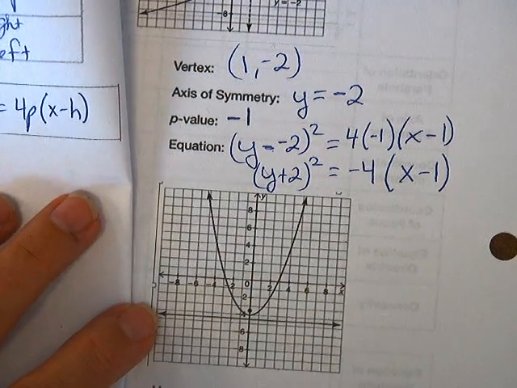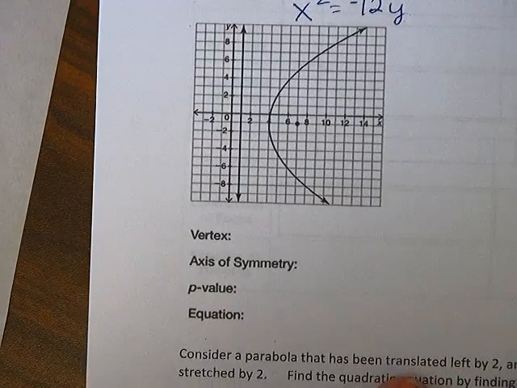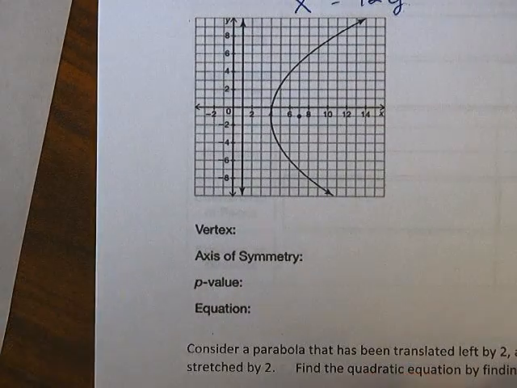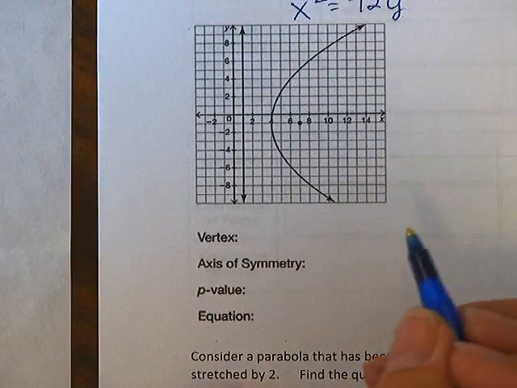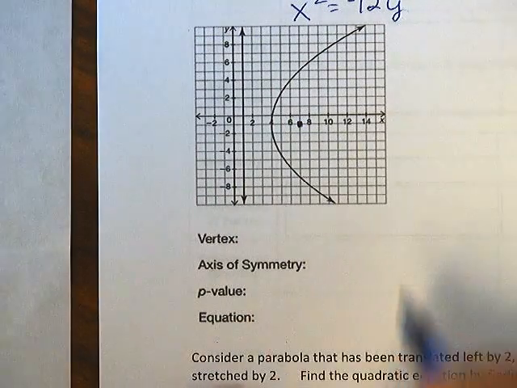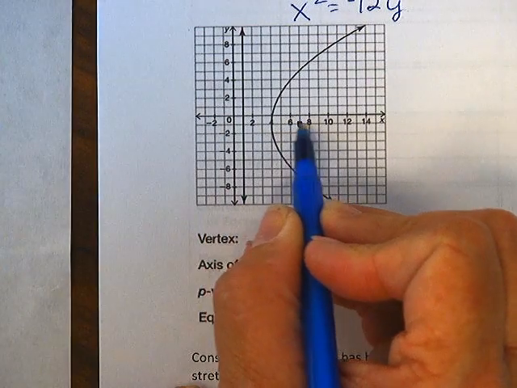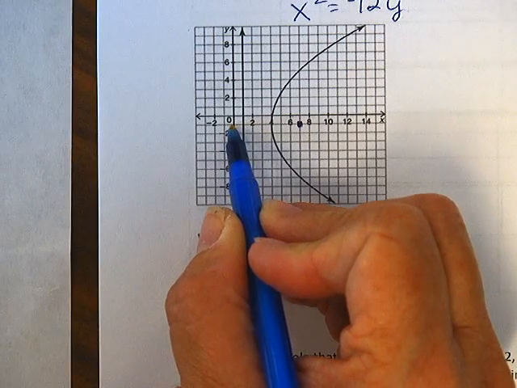Okay, let's go to the lower right parabola. Another horizontal, so we should be getting good at this. Let's see our vertex. Is it marked? Not marked very clearly for us, but our focus is marked right there. So if that's the focus, the vertex is on the same plane or the same line.